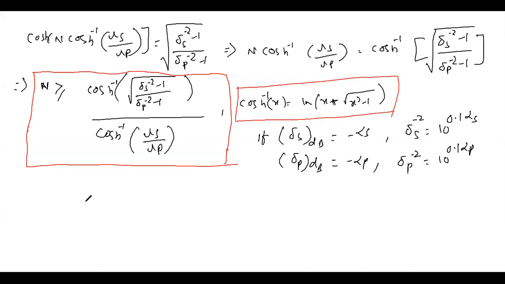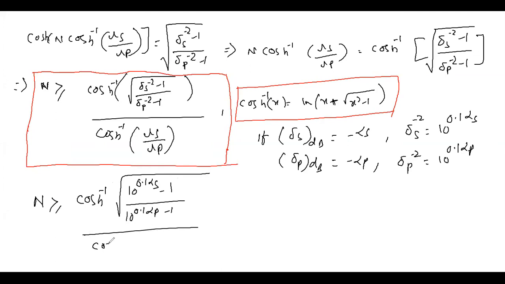Same as what we did in the Butterworth. Then put in this equation. Then n is greater than or equal to cos hyperbolic inverse of square root of 10 to power 0.1 alpha s minus 1 divided by 10 to power 0.1 alpha p minus 1, divided by cos hyperbolic inverse of omega s by omega p.